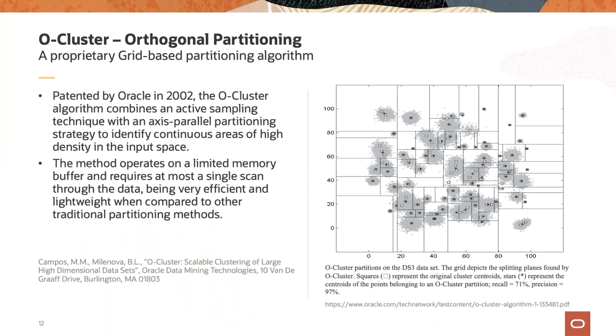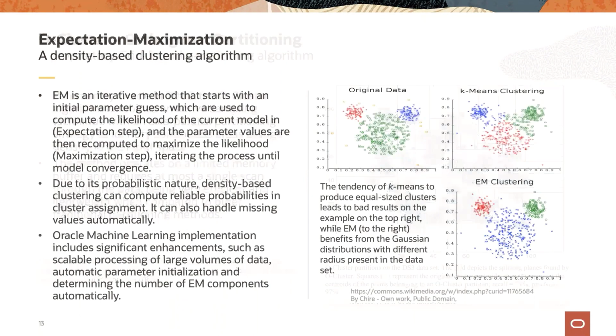And then you have the newer methods, the expectation maximization. So it's a density-based algorithm. And the advantage here is that it can look at the data and does not need the clusters to be the same size. So the clusters that it finds can be of different sizes and different dispersions. You can see an example on the right.